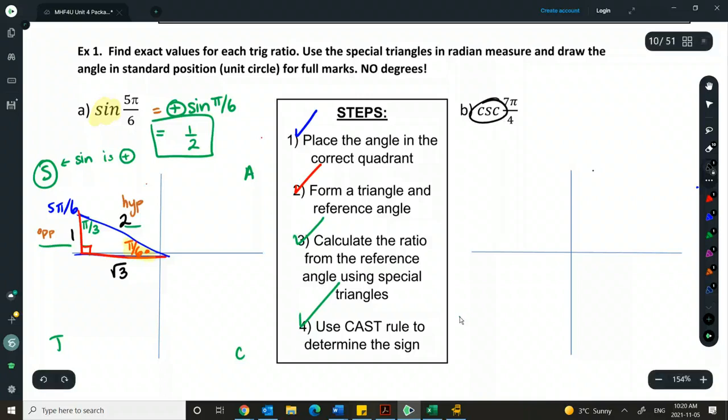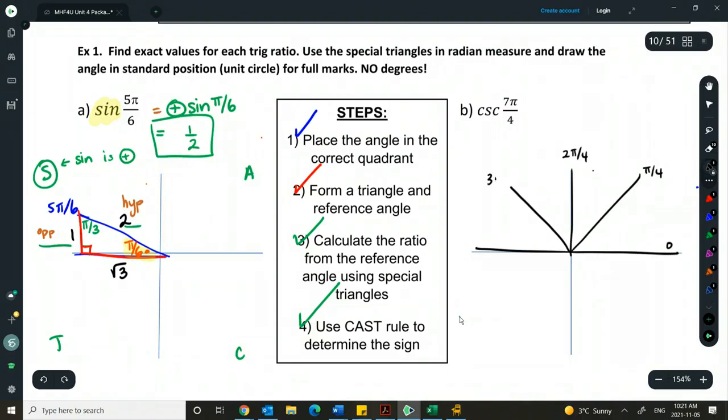Cosecant, this is a reciprocal ratio, of 7 pi over 4. So if we count up by pi over 4s, like 45s, if I split the top section into 4 pi's, this will be 0, this will be 1 pi over 4, this will be 2 pi over 4, 3 pi over 4, 4 pi over 4, which of course reduces to pi.